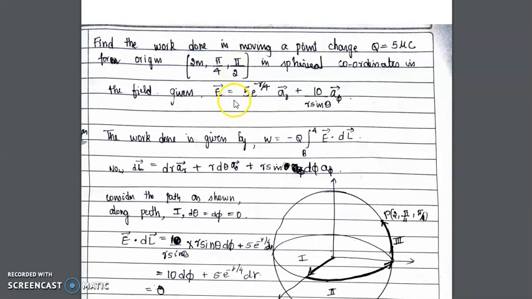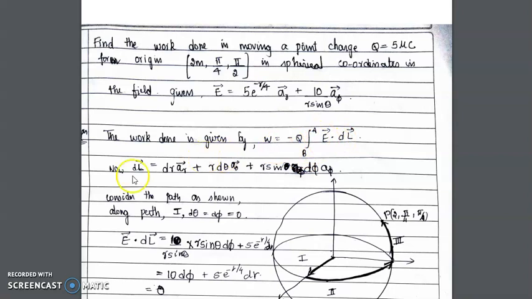Now the given electric field intensity is 5 e^(-r/4) a_r plus 10 r sin theta a_phi. Here the a_theta component in the electric field intensity is 0. So we know that the equation for work done is minus q times the integration from B to A of E dot dl.